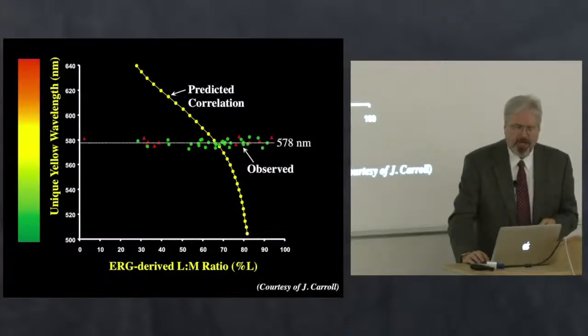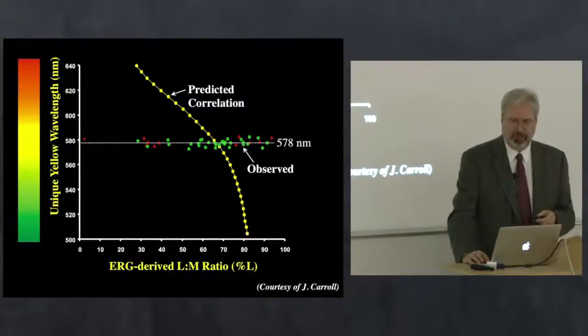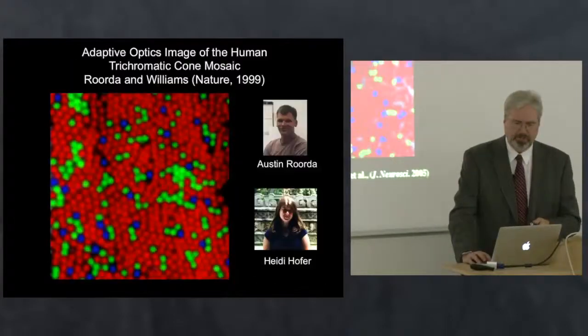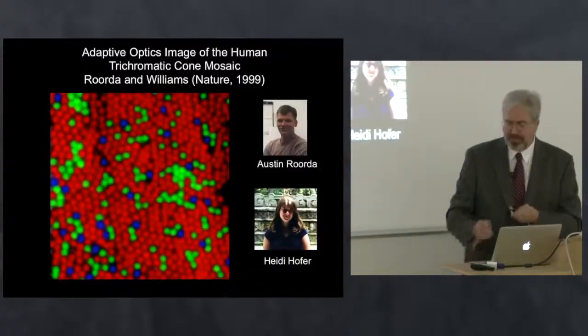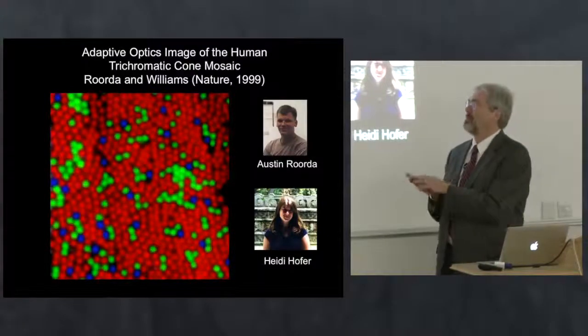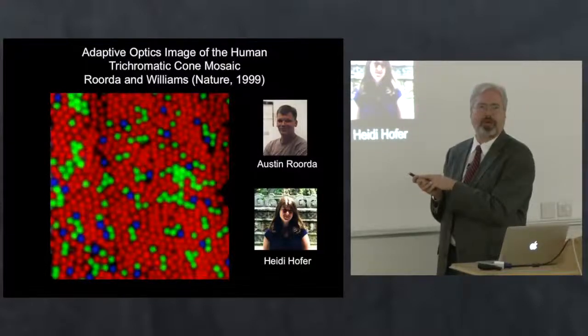But the next question we ask, well, what about small stimuli? Given that you have a mosaic that looks like this, one of the deficiencies of this kind of design for a retina is that you only get one spectral sample at every location in space. What you'd like to have is 3 spectral samples at every location in space, right?